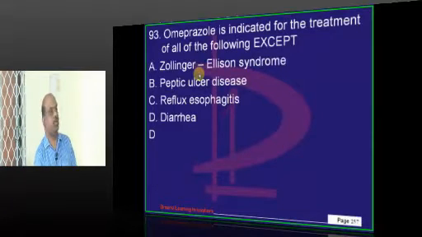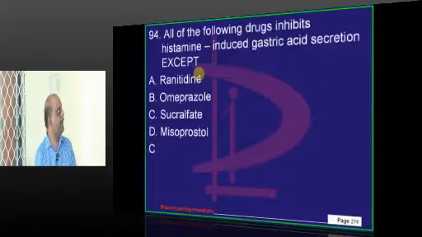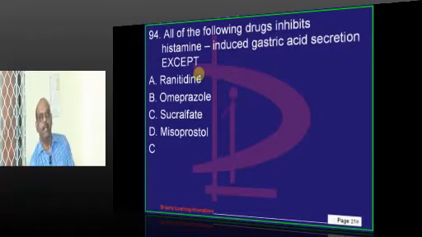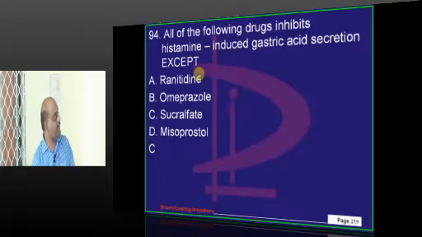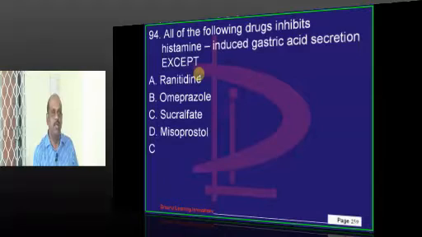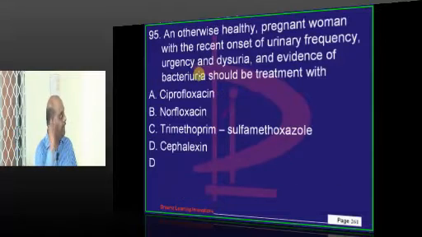Now omeprazole, we don't use it for diarrhea, we use it for all the remaining causes. Histamine induced gastric secretion is not affected by sucralfate. Sucralfate, what will the poor thing do? It will layer the gastric mucosa and prevent the acid injury. That's the only thing that it will be doing.